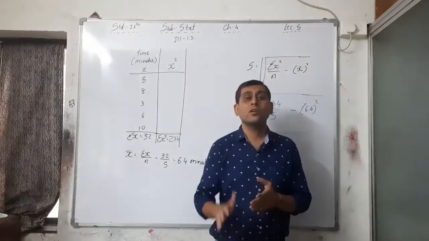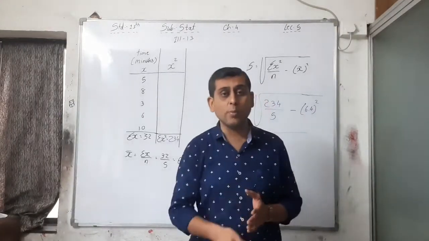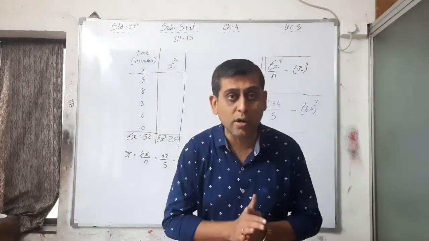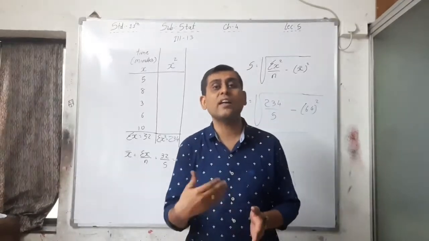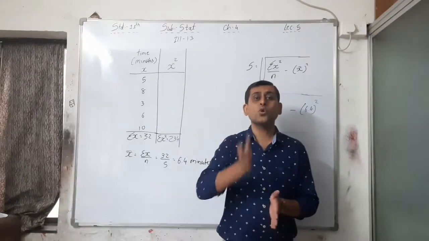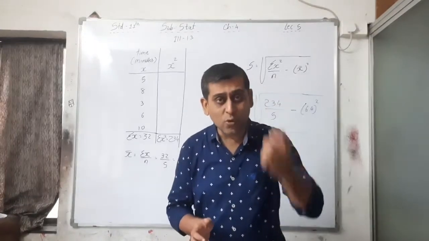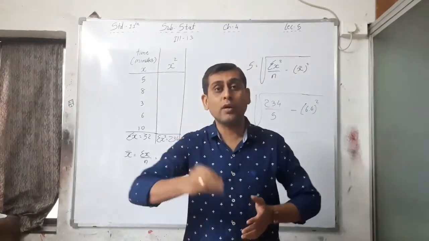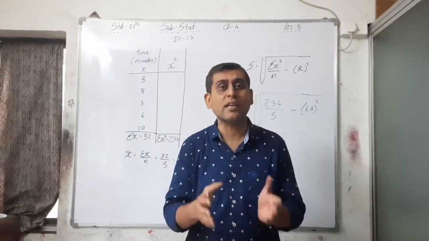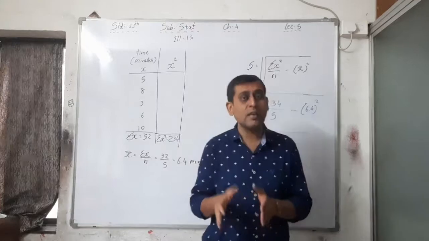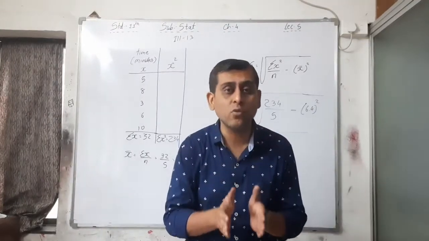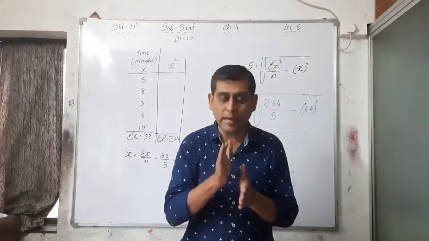Why? Because whenever the observations are above 80 or 100, multiplication, square, all the calculations are very high, and the chances of making mistakes are very high. That's why the shortcut method is there, and that's why we have to take this shortcut method.